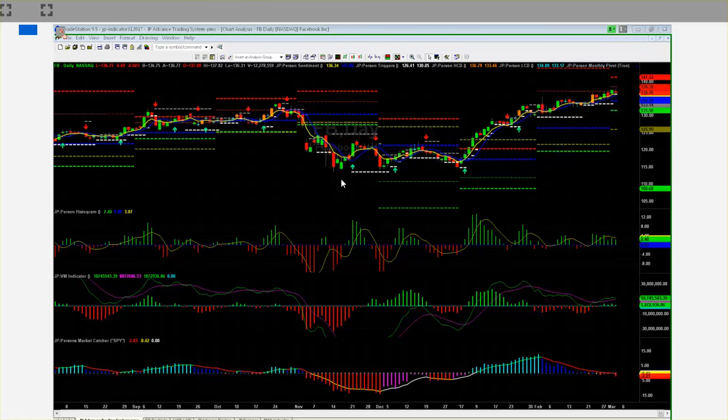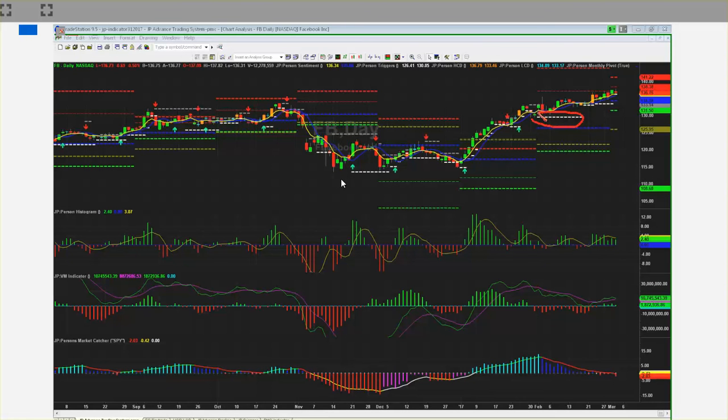This is another white line in the sand. The last known signal is this buy signal, and Facebook is rising slowly. The momentum is going down, the volume is going down, and the relative strength is going down. This is not a good setup to be buying Facebook right now.